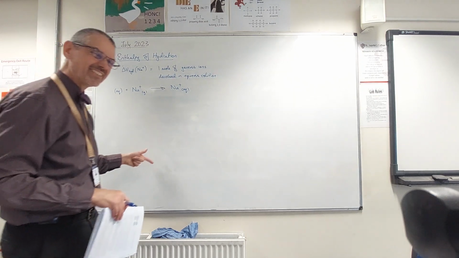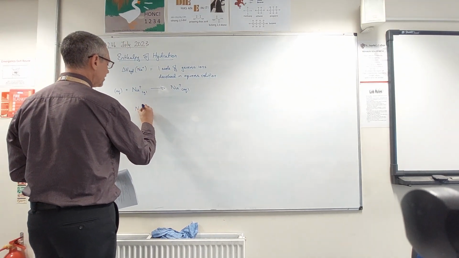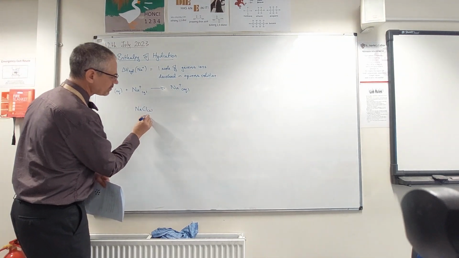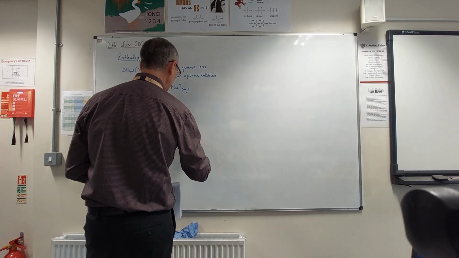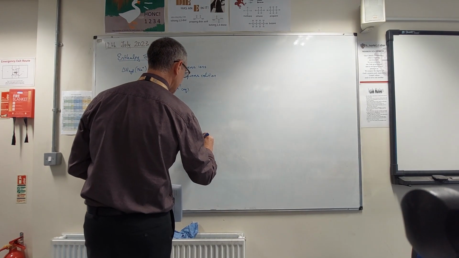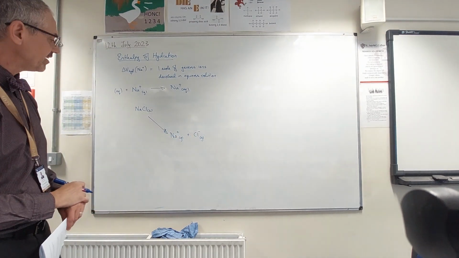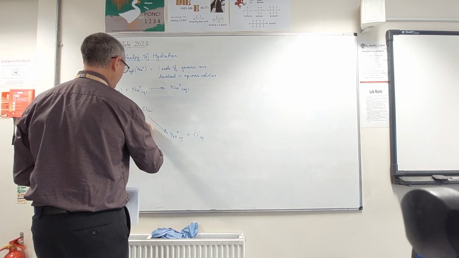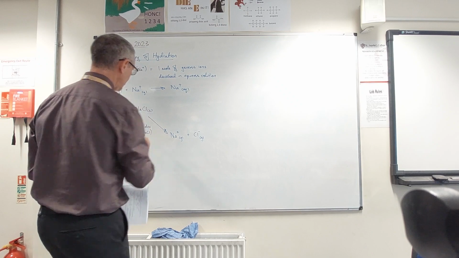Now we can tie that into lattice formation enthalpy, because you will remember that if I start with solid sodium chloride and I turn that into gaseous ions of sodium and chloride, then that is the enthalpy of lattice dissociation.